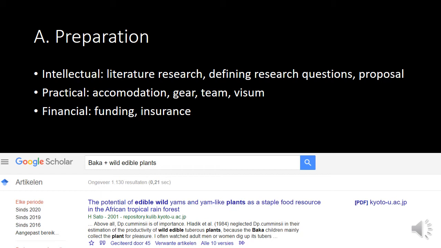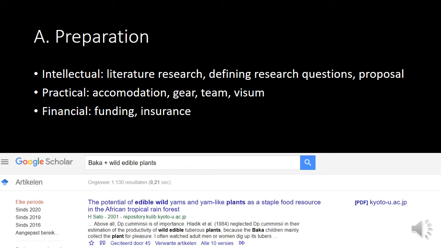Tinde at one point proposed this to me, and she said, well, we're going to look for a student. Maybe that's something you would like to do. So I gave that some thought, and I started with really looking into this field of study. I had been interested in ethnobotany for a while, but I'd never really been researching ethnobotanical studies before, aside from this course, of course.